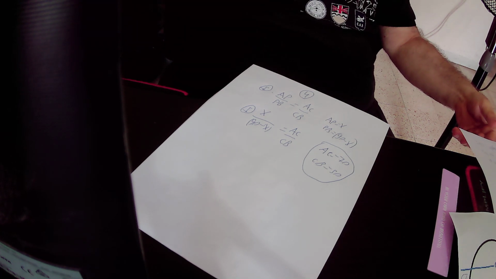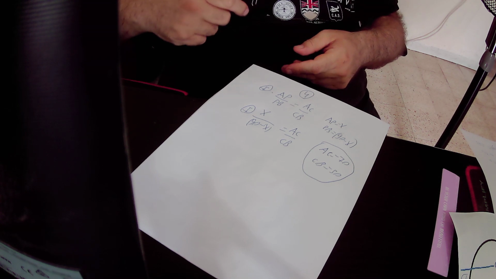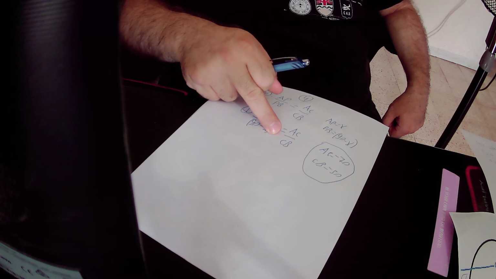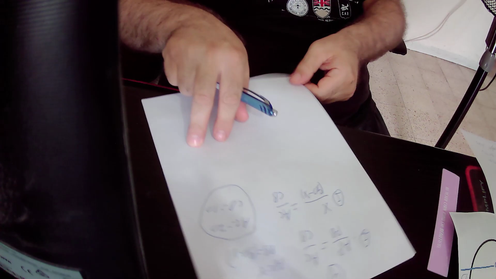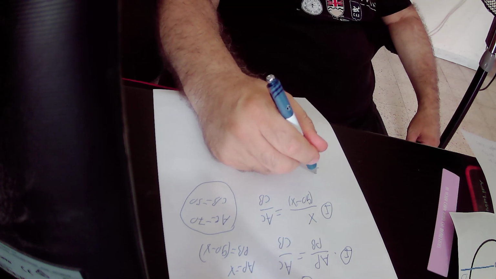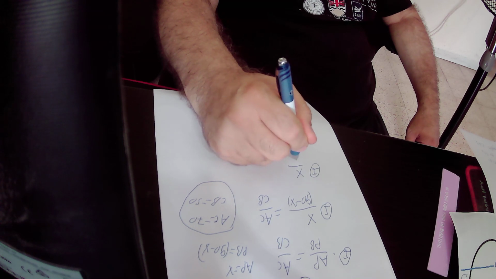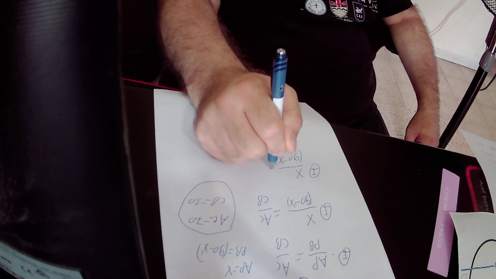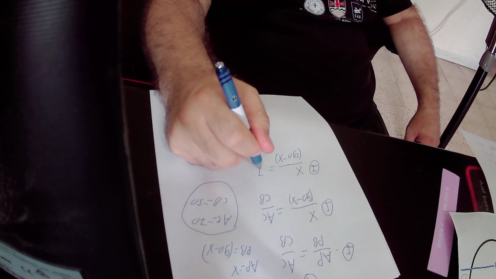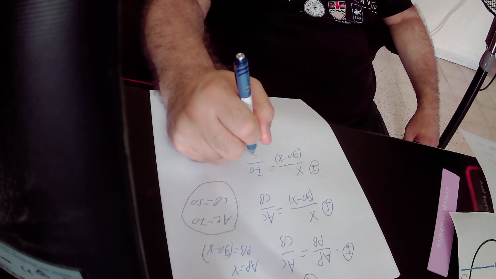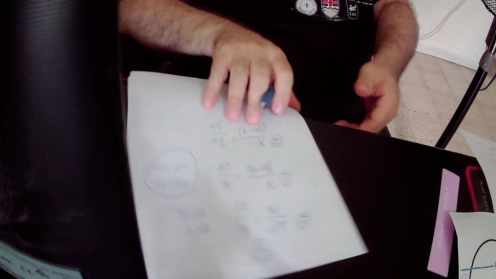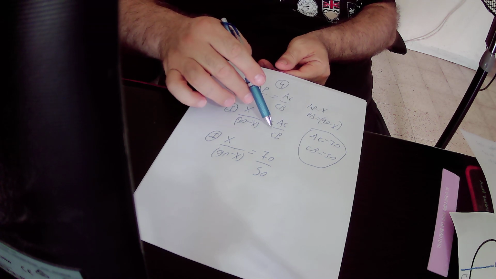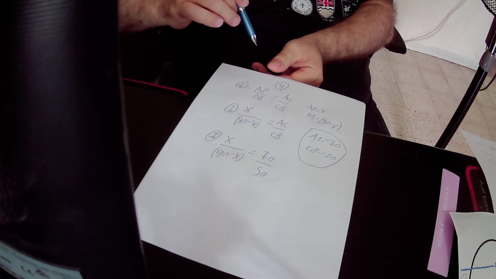So I will substitute AC by 70 units and CB by 50 units, and we get x over 90 minus x equals 70 over 50. I substituted AC by 70 and CB by 50 because they are equal to each other.